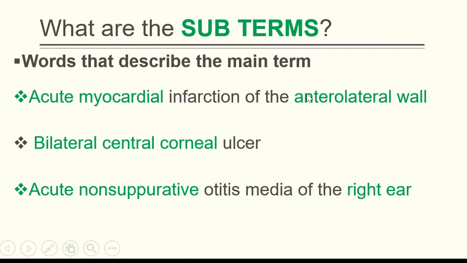Now, subterms, remember, are words that describe the main term. In the infarction, it was acute, myocardial, anterolateral for the subterms. In the ulcer, the subterms were the cornea, central, bilateral. And then in otitis media, it was non-suppurative, acute, and right ear.